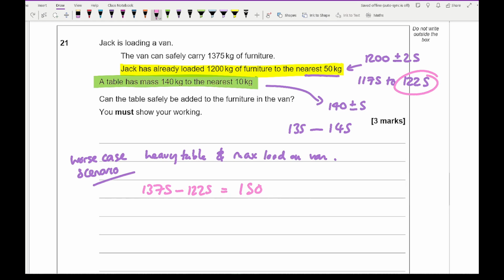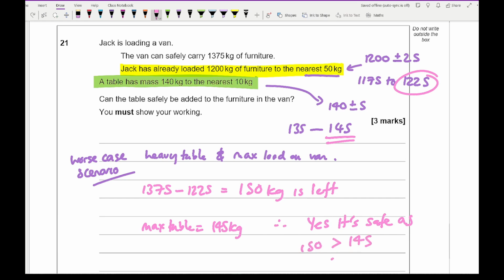Now, if 150 kgs is left in the worst case scenario and the maximum is 145, so max table is 145 kilograms, then yes, it's safe, as 150 is greater than 145.